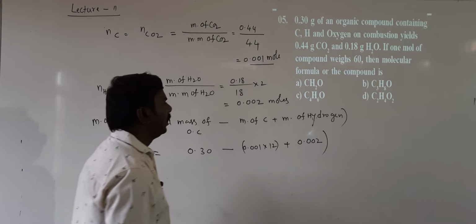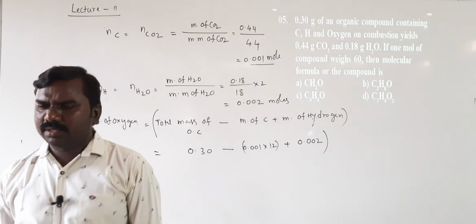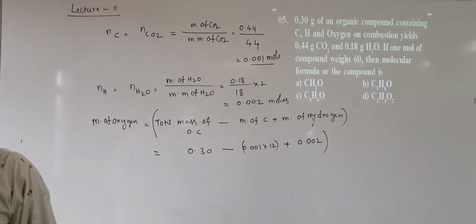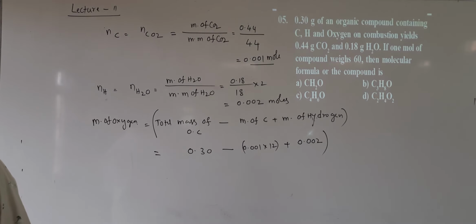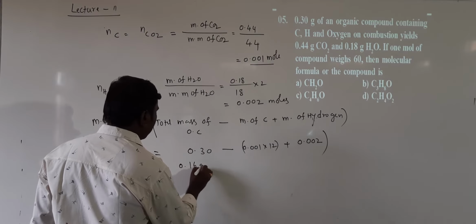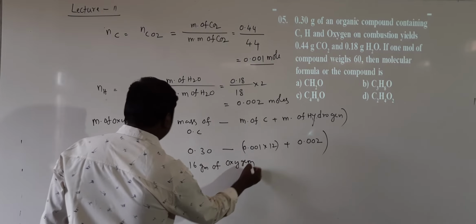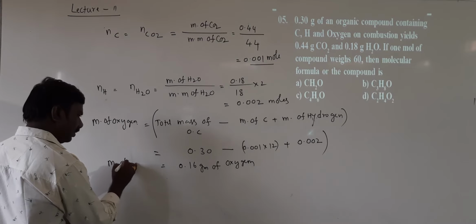So this is moles I converted into mass. Then you can find easily. On solving this you will get 0.16 grams of oxygen. Mass of oxygen I got.